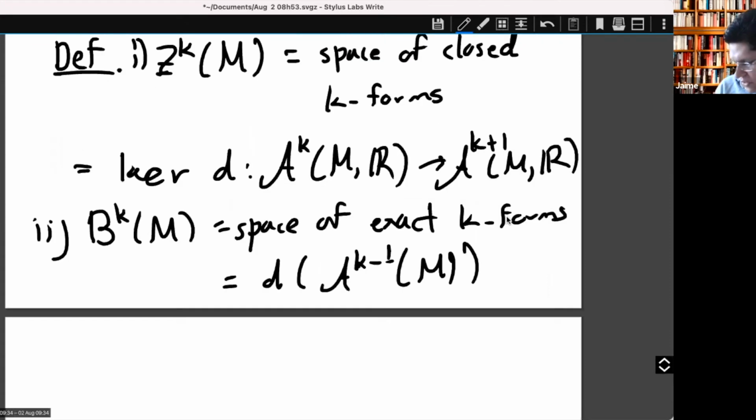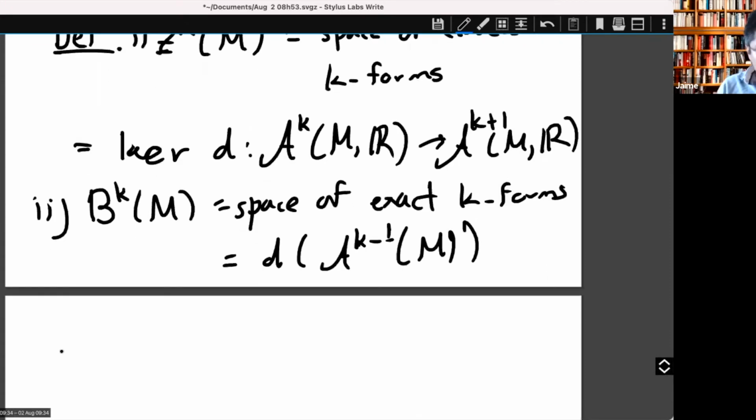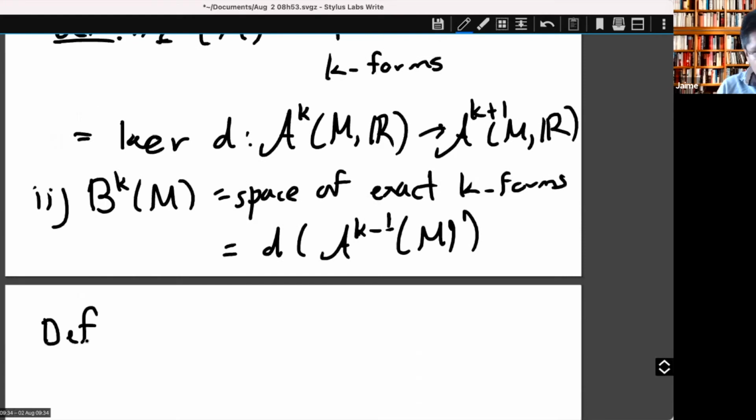Okay, so this leads us to the first important definition of this course.